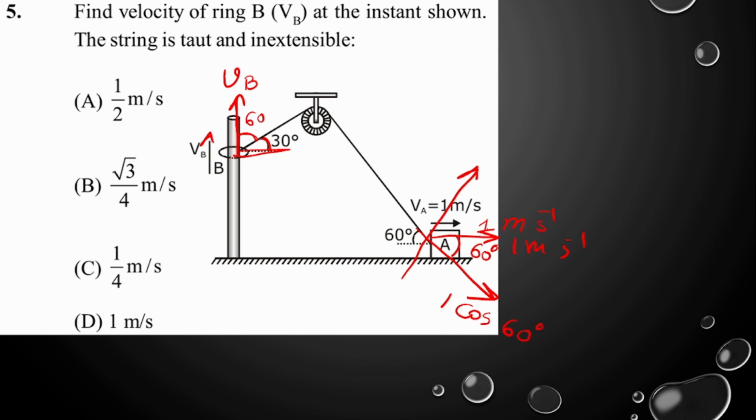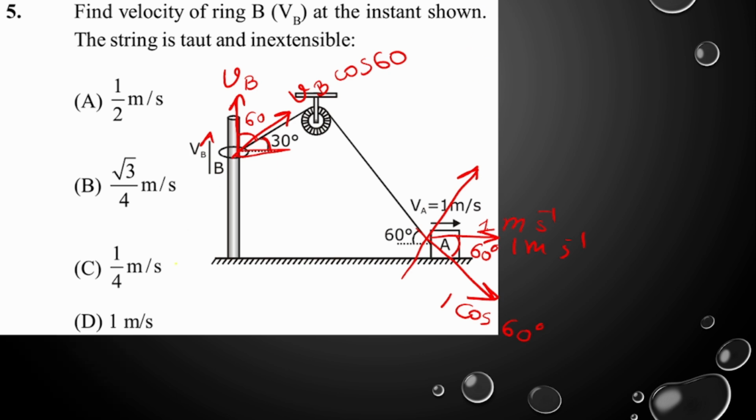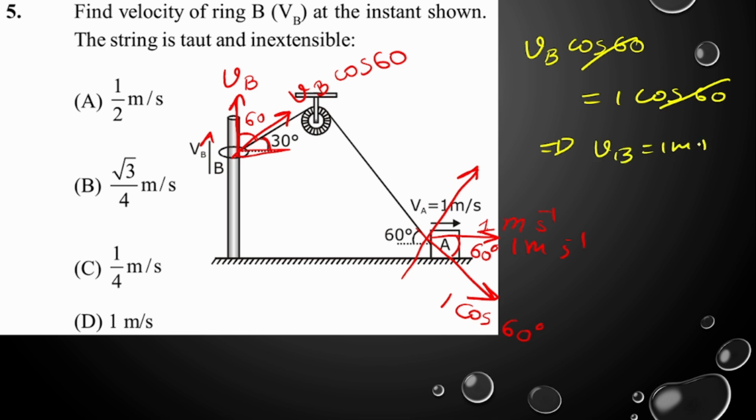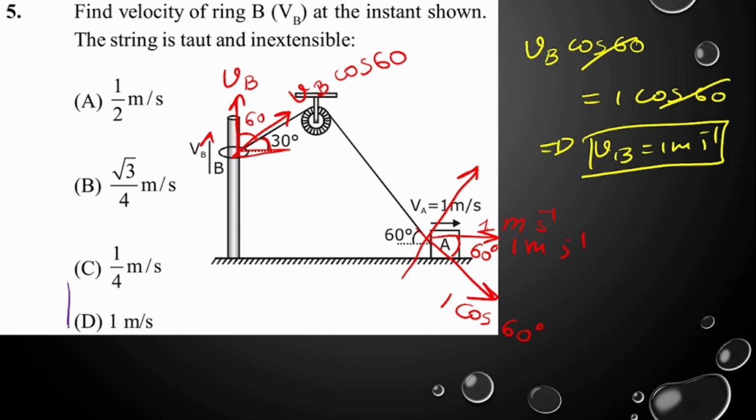So the component of VB in this direction along the string is VB cos 60, and as we know, the components along the string must be the same. So from here we can write VB cos 60 equals 1 cos 60. Cos 60 are gone, so VB equals 1 meter per second in the upward direction. So our answer is D.